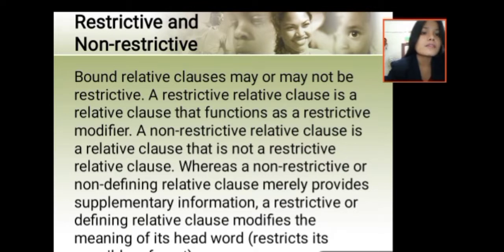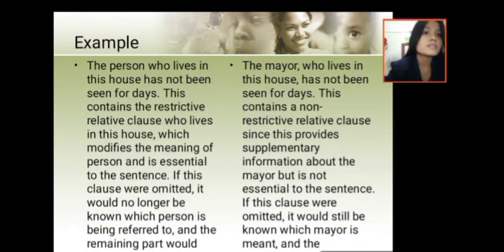A restrictive or defining relative clause modifies the meaning of its head word, restricting its possible referent.